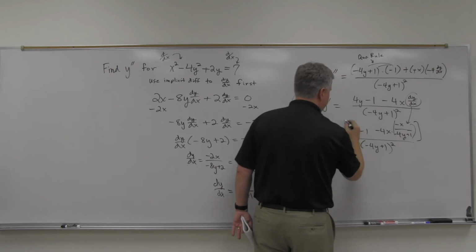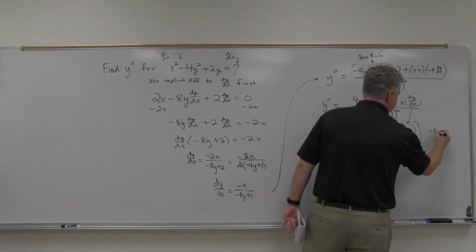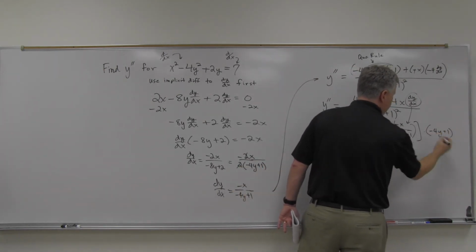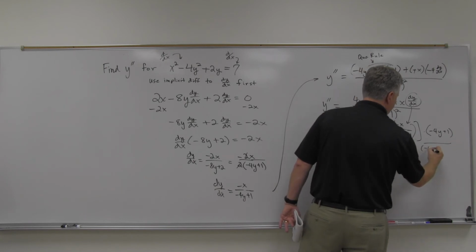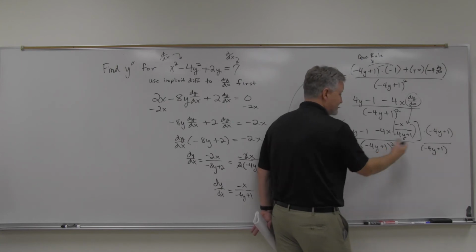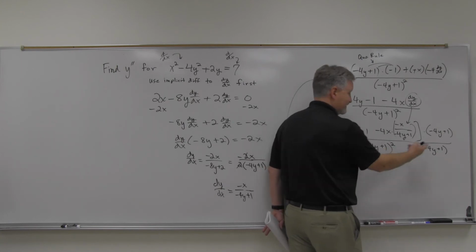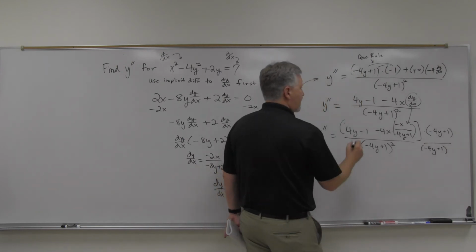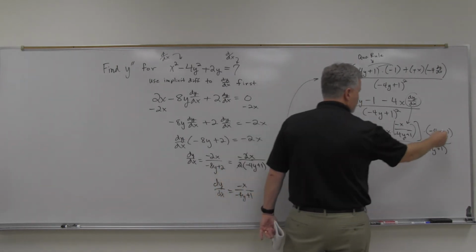If I do that on the top, then I also have to do it on the bottom. Which notice, it's going to go very well with this denominator here because that's just going to make that cubed, isn't it?